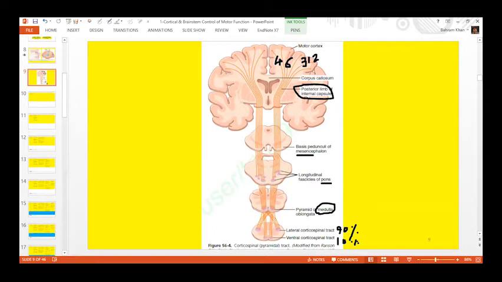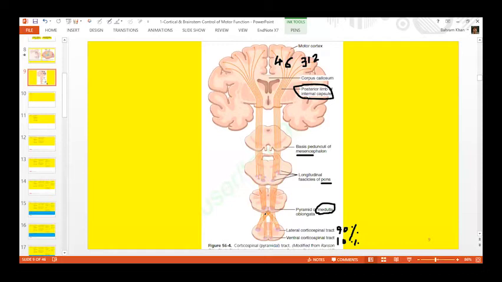So both anterior and lateral corticospinal pathways collectively are called the pyramidal tracts. Why do we call them pyramidal tracts? Because at the level of the medulla oblongata, these fibers form a bundle of nerve fibers which will give an appearance of a swelling just like a pyramid.